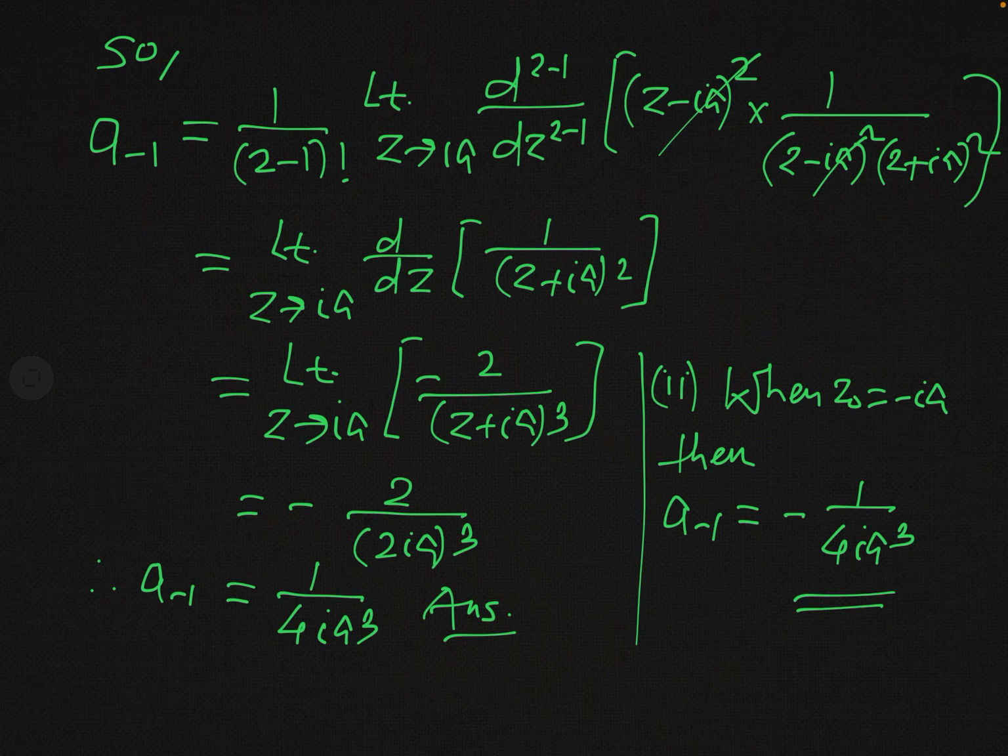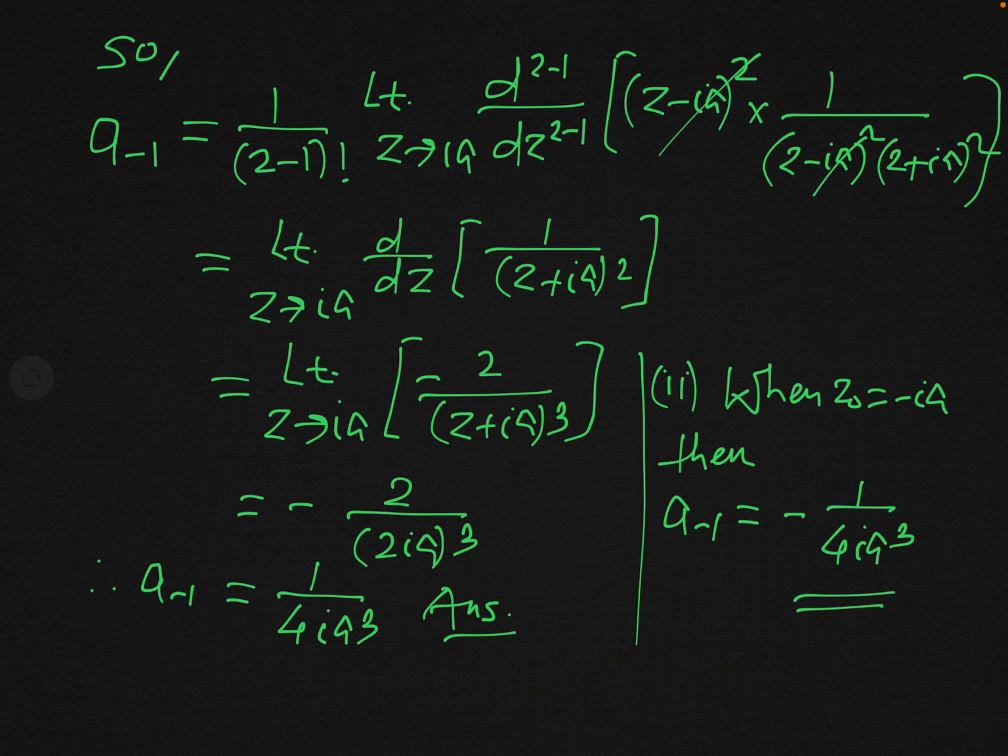So this will be minus 2 over (ia plus ia), which is 2ia, so minus 2 over (2ia) cubed, and this will be equal to 1 over 4ia cubed. So this is the residue of the given function f of z at its pole z equal to ia.